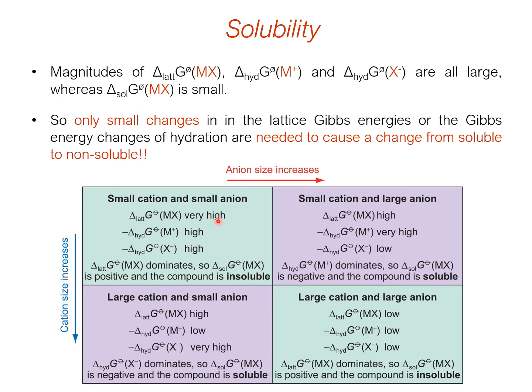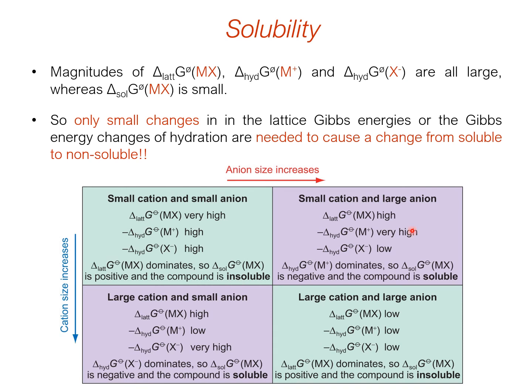And this is because the delta G of the lattice is going to be very high. If you remember back to the last slide, we're dividing by a small number in the Kapustinskii equation. So we've got a very high positive value and two high but not so high negative values. And this means that delta G of solvation will be positive and therefore the compound's insoluble.